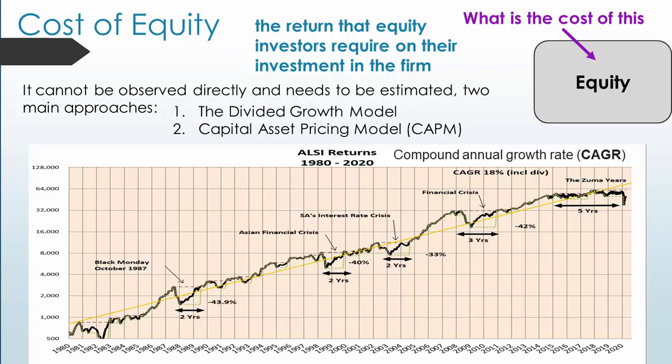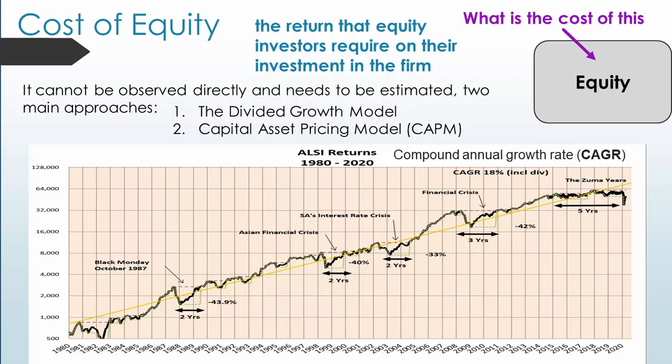And it's something that we cannot observe directly. It has to be estimated, and there are two ways of estimating it. One method is called the dividend growth model, and the other is called the capital asset pricing model, the CAPM. We use these two methods primarily to determine what the cost is.